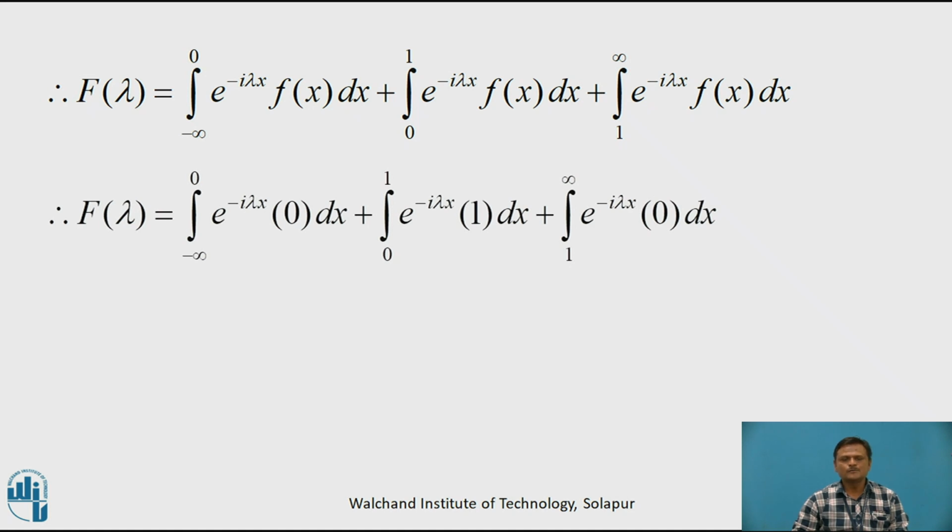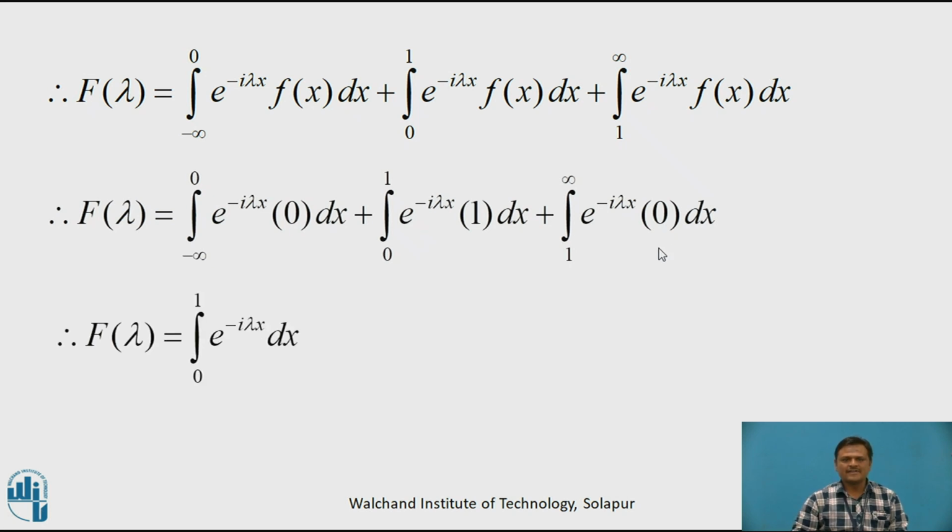We get F of lambda equal to integral from minus infinity to 0 e to the power minus I lambda x into 0 dx, because the definition of the function in the interval minus infinity to 0 is 0, therefore we have put 0 here, plus integral from 0 to 1 e to the power minus I lambda x into 1 dx, because the value of the function in the interval 0 to 1 is 1, plus integral from 1 to infinity e to the power minus I lambda x into 0 dx, because the value of the function in the interval 1 to infinity is again 0.